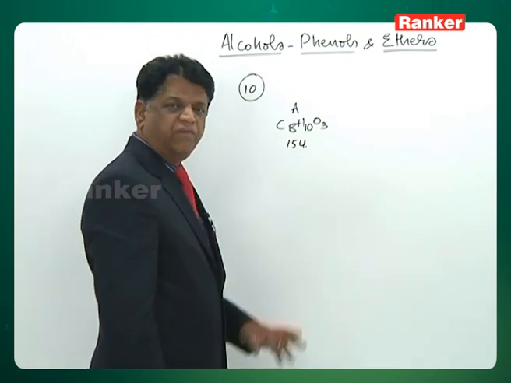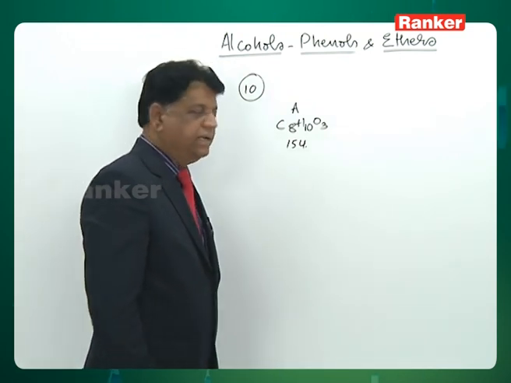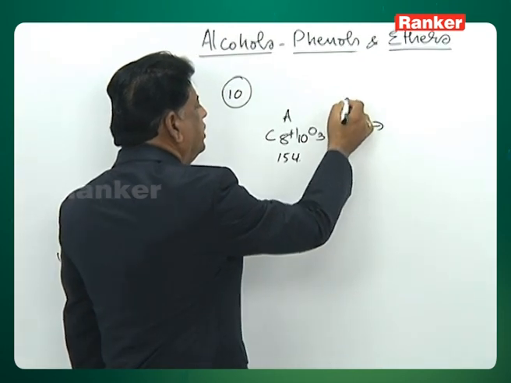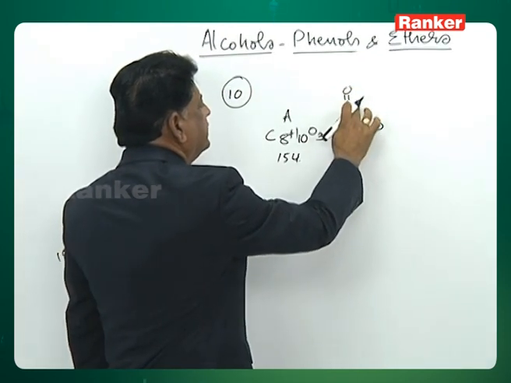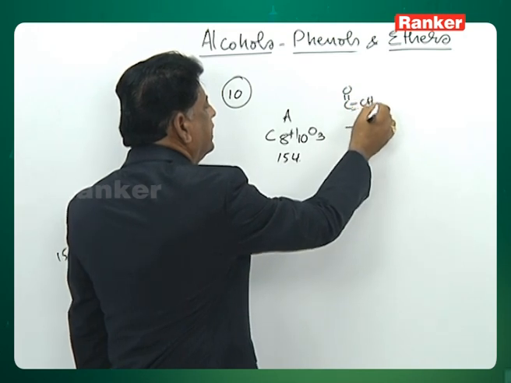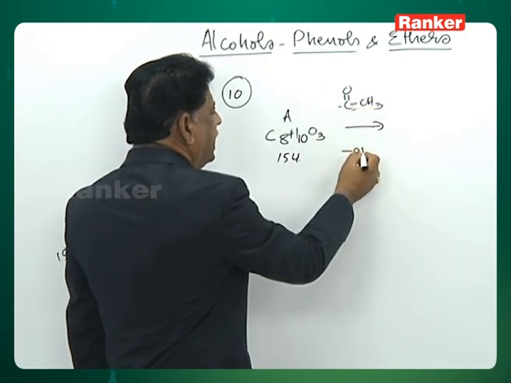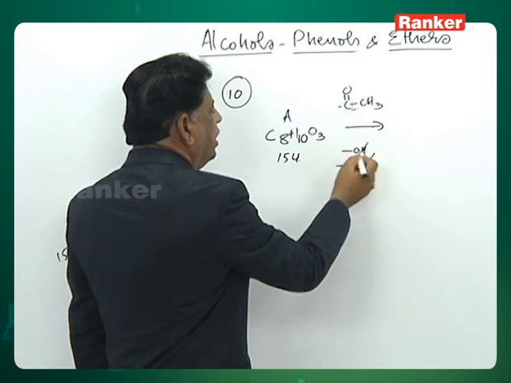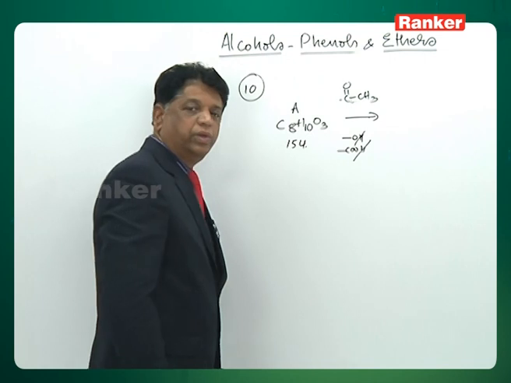So this compound we have taken and acetylated. Acetylated means you are introducing a COCH3 in the place of either OH or COOH. This H will go and the COCH3 is going to come.